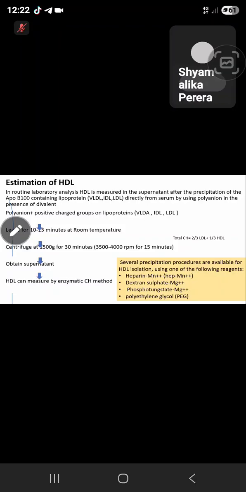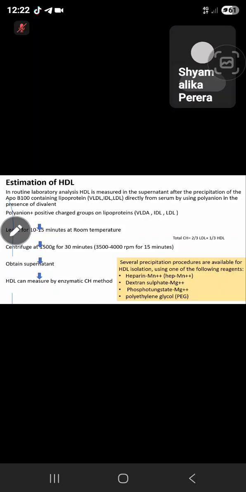You have to mix the reagent with serum and leave it 10 to 15 minutes at room temperature for the reaction. And then only you have to use the appropriate centrifugation speed, 1500 G for 30 minutes. Because if you change this speed and the time of separation, it will not be 100% separated.